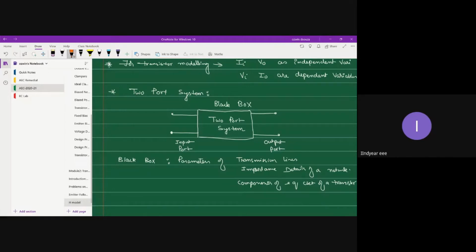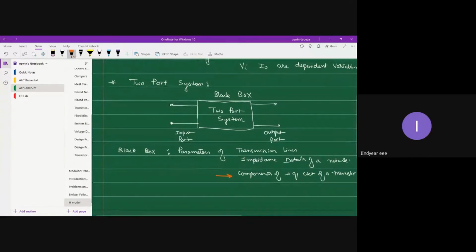What we are going to do is go for the third one, components of the equivalent circuit of our transistors. Now let us mark the variables.